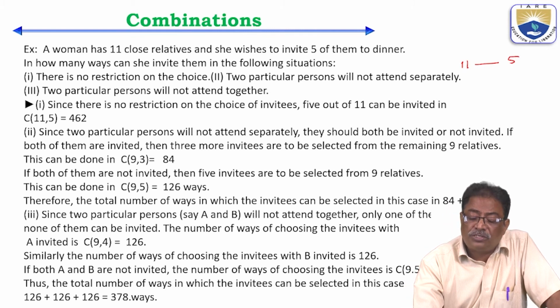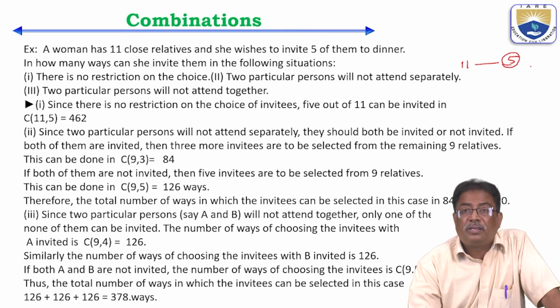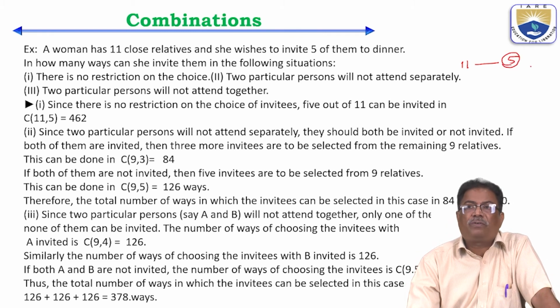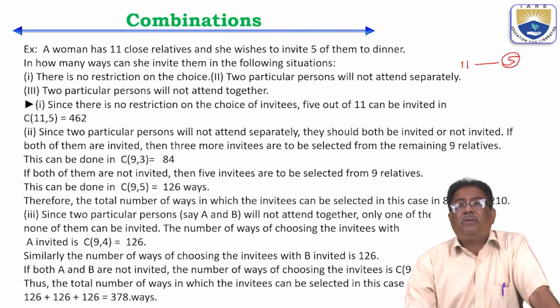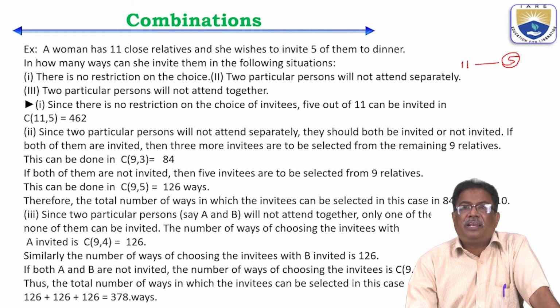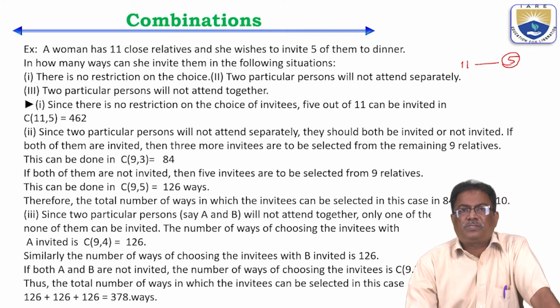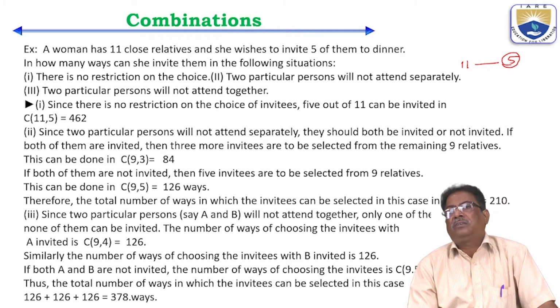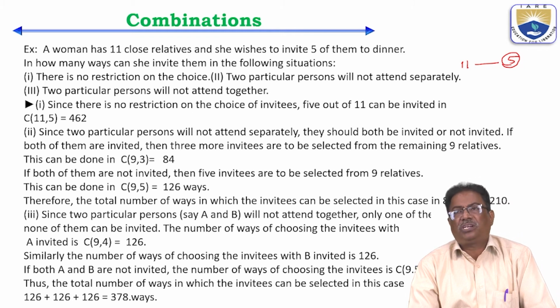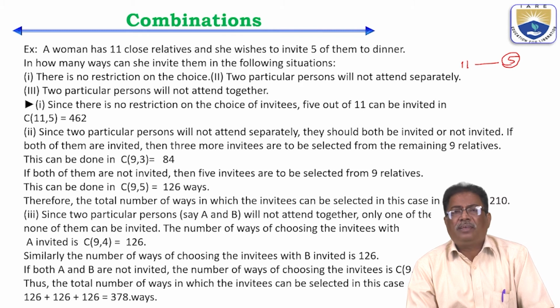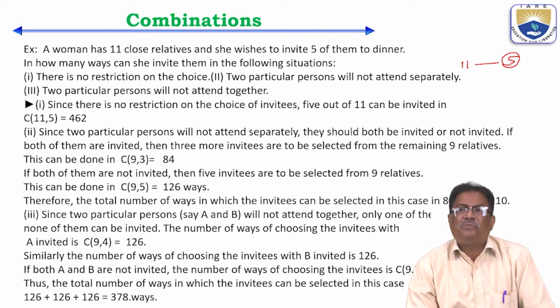She is interested to invite only 5 members out of 11. In how many ways can she invite them in the following situations? The first one is, there is no restriction on the choice. That means she can select any 5.